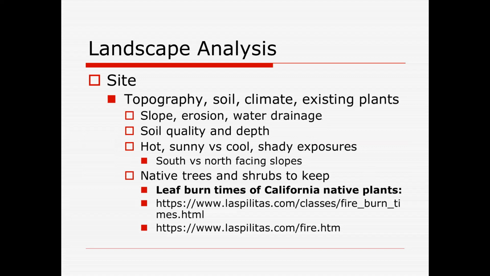You have, depending on which side of the house you're considering, hot and sunny exposures versus cool and shady exposures. This also is influenced by whether you are on a north-facing or south-facing slope. You'll have a hot site if it's facing south, and a cool site if it's north-facing. And this is important because you want to group plants that have similar cultural requirements all together.